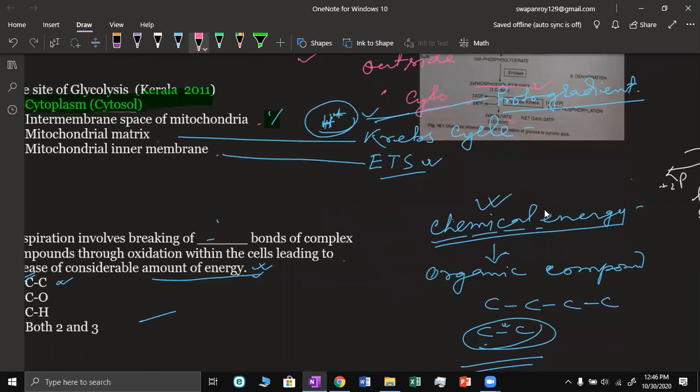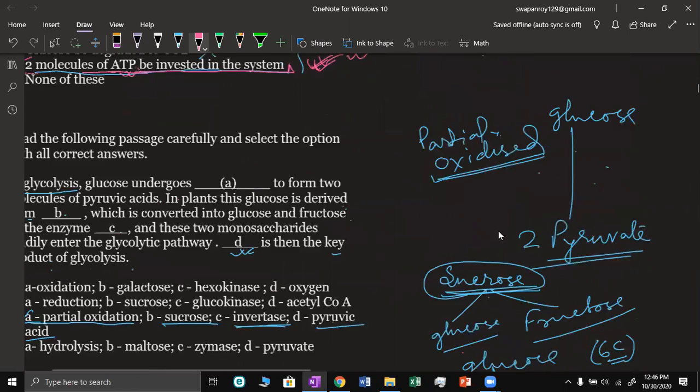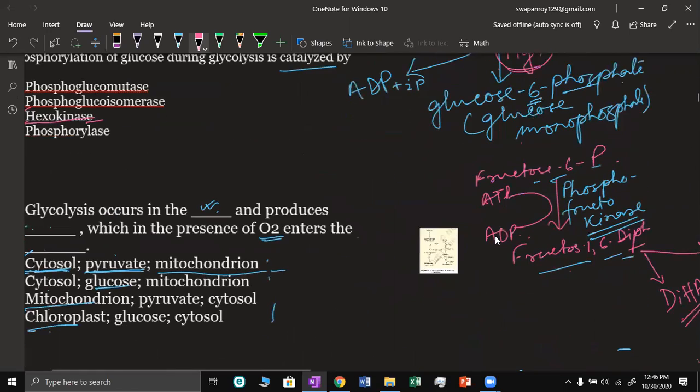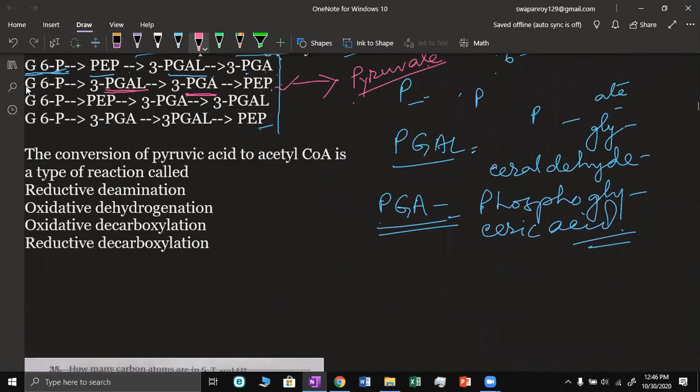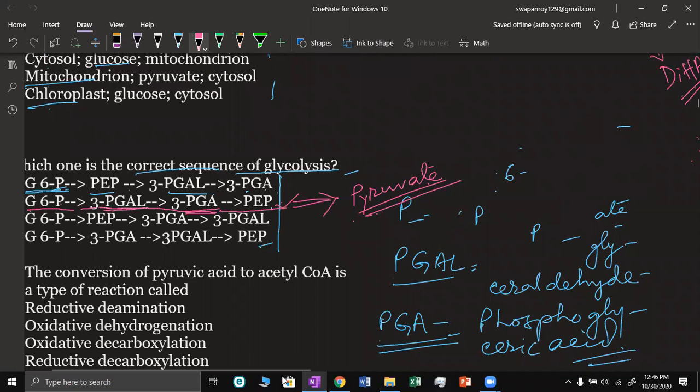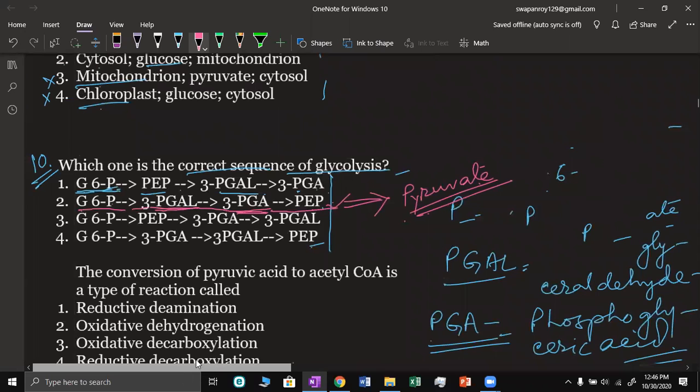So our sequence will be: glucose 6 phosphate, 3 PGAL, 3 PGA, PEP phosphoenol pyruvate, and the end will be pyruvate. So the question is asked in different ways and you have to remember it.